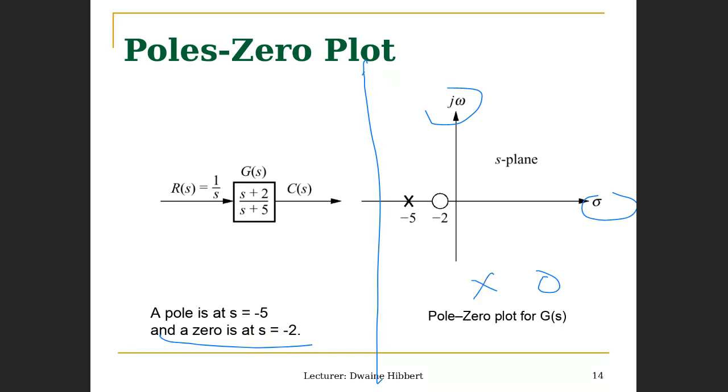So there is a pole at -5, using a cross to represent that, and a zero at -2, using a circle to represent that. That's a pole-zero plot for the system. We're going to see a couple of weeks from now that this pole-zero plot is going to become a very important part of the analysis of control systems.